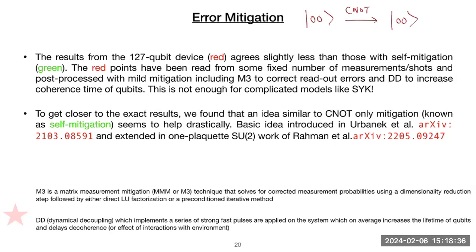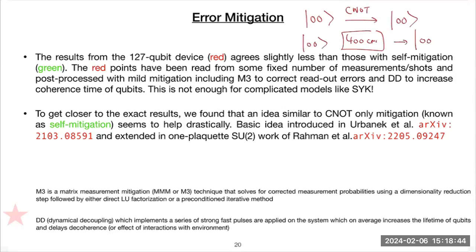So suppose I have 400 C0s. I start with a state which is 0, 0, and I measure the state at the end, which should be 0, 0, but it is not 0, 0. So what I do is I measure the probability with which it fails to be 0, 0.